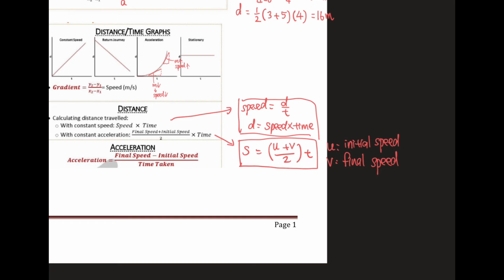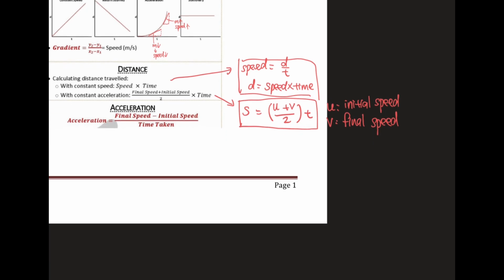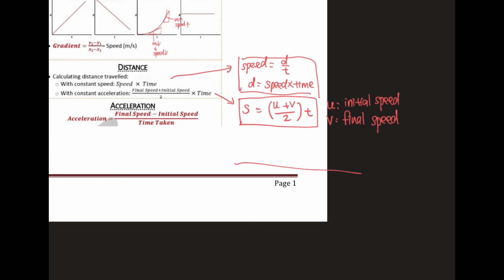So let's say one example. Let's say you have a trolley moving at 20 meter per second. After 10 seconds, the speed becomes 35 meter per second. So from here you know this is increasing in speed, right? It's accelerating.